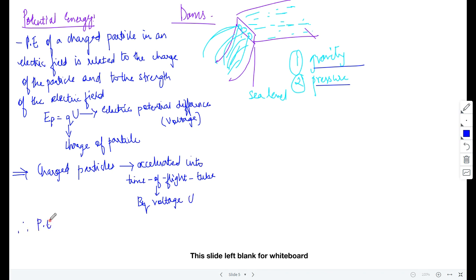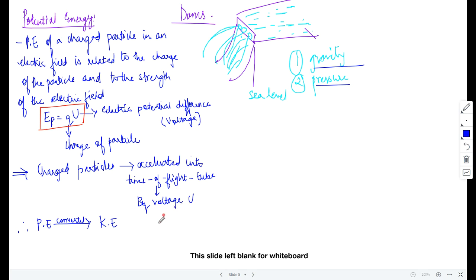Therefore potential energy is getting converted to kinetic energy. This was the equation for potential energy.